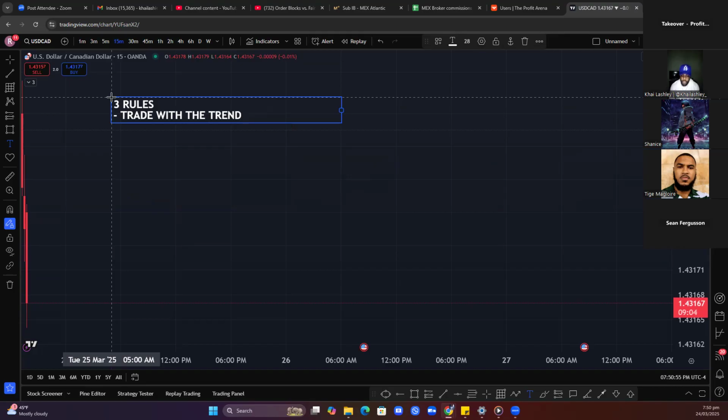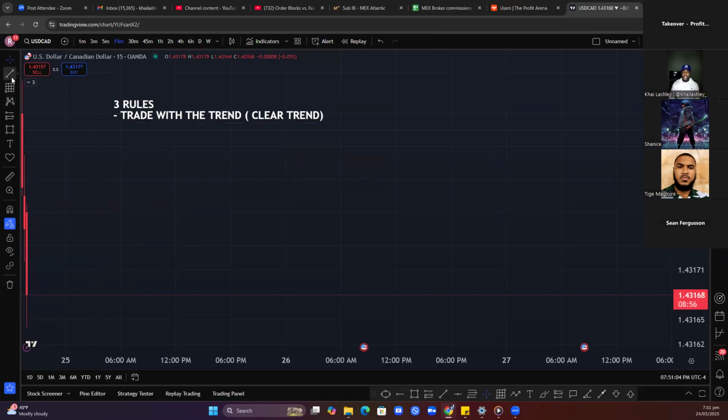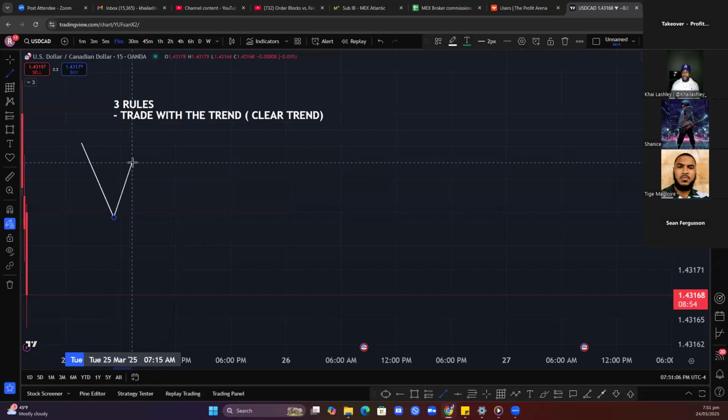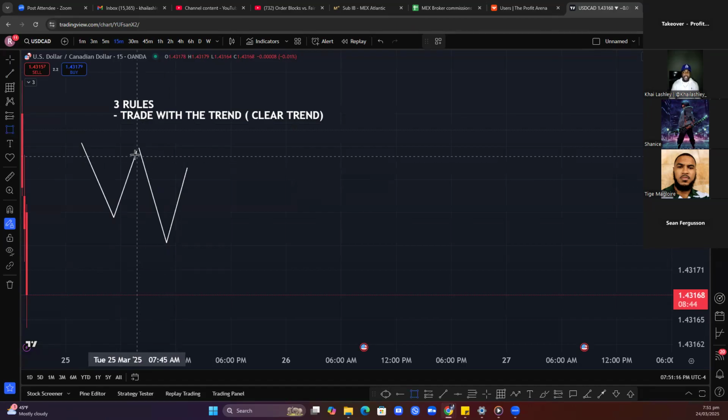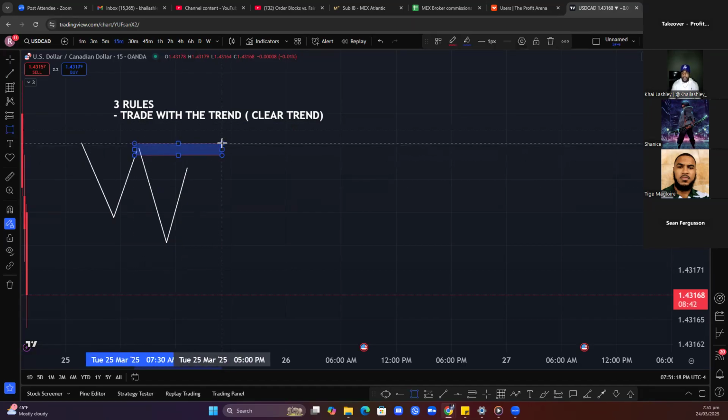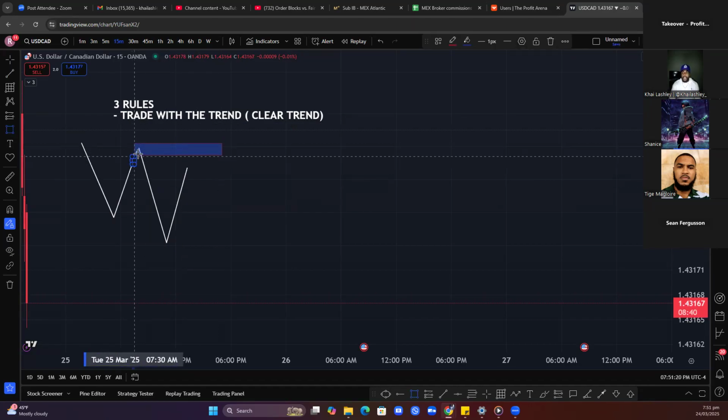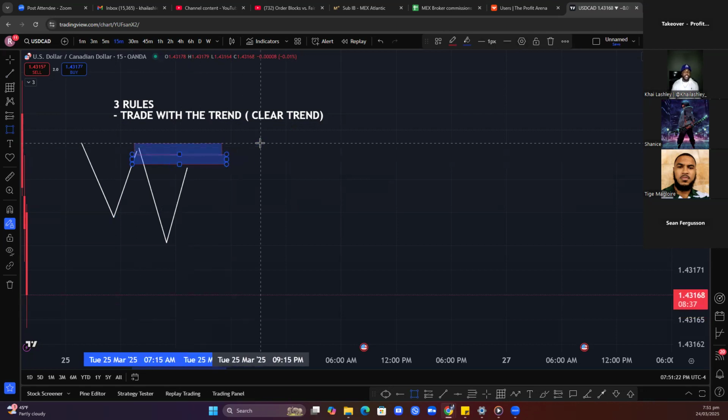Trade with the trend. And actually, let me put a clear trend. For example, within areas like this you can identify, yes, this is a clear downtrend, and I can clearly identify my order block up here, and my imbalance, and so forth.